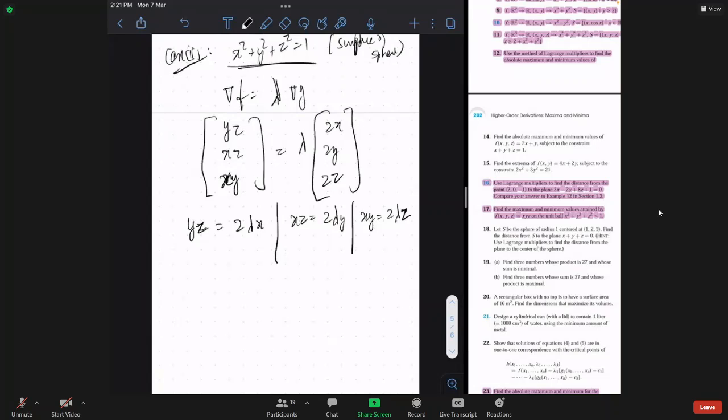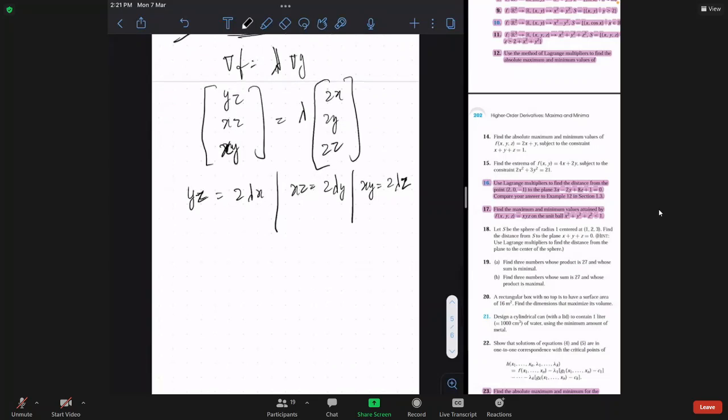So if I isolate the lambda, 2 lambda is yz by x, and xz by y is equal to 2 lambda, and xy by z is equal to 2 lambda. So I basically get yz by x equal to xz by y equal to xy by z.